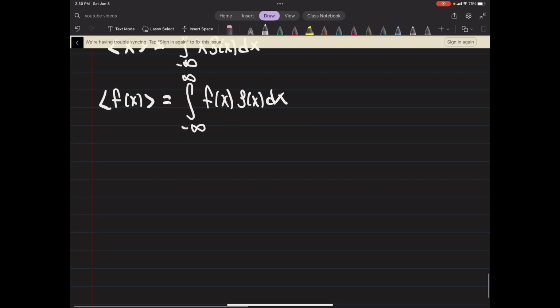And our standard deviation, or variance, is going to be the expectation value of x squared minus the expectation value of x, squared. So a lot of what we found with our discrete variables can be applied to our continuous variables.